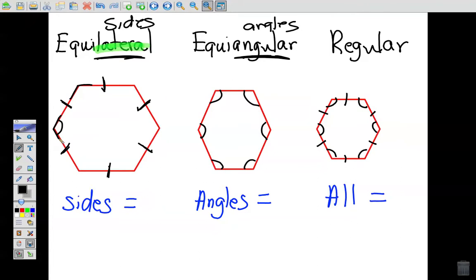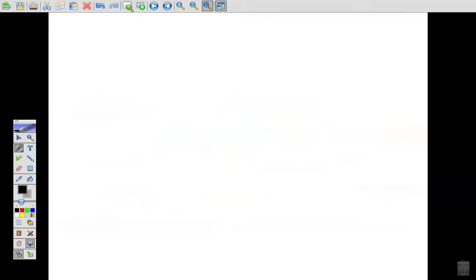If I really wanted to exaggerate this a little bit, I might make a figure like this. So I'll make a longer top, and maybe something like this, like that, okay? In fact, that's not a good example because I want it to be equilateral.